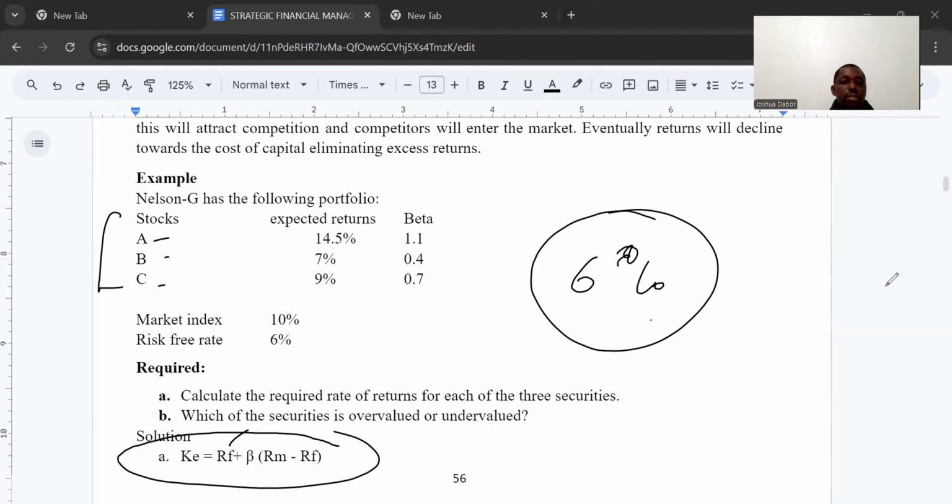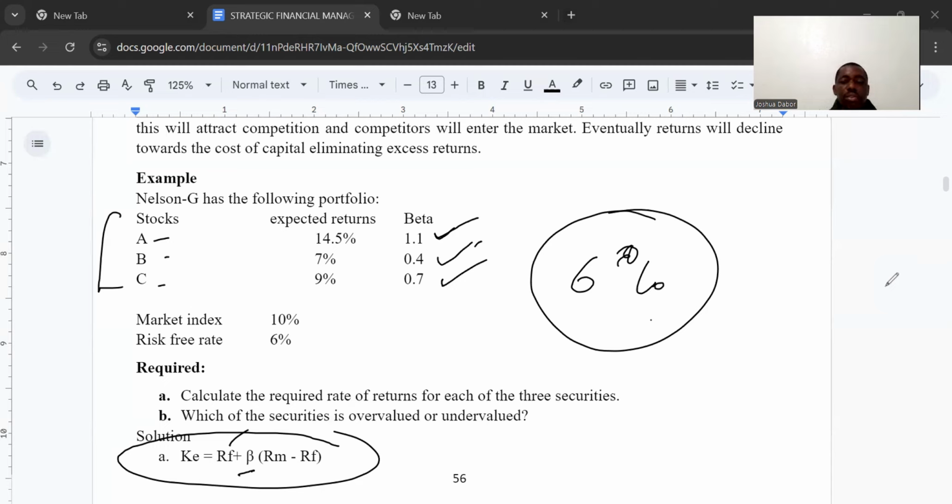Okay, so now the second thing is what? The beta. The beta for company A is different from B and also C. Now it is this beta that we end up using to determine what the return on these investments will be.